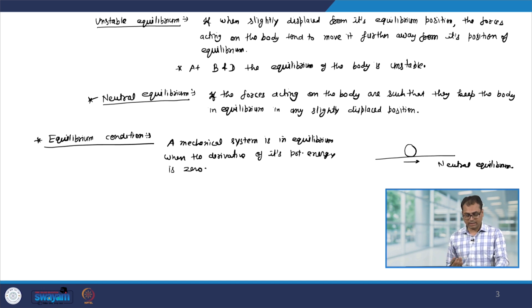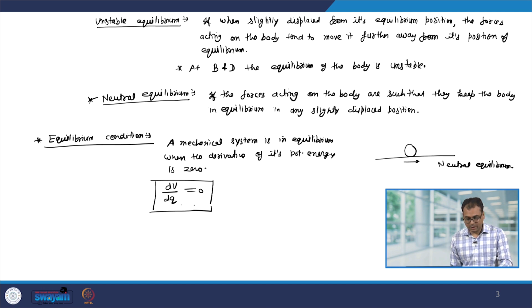Therefore, its first derivative has to be 0. That means, dV divided by dq, where q is any generalized coordinate, equal to 0, and V is the potential energy. So, here let me write down that q is generalized coordinate. Okay.